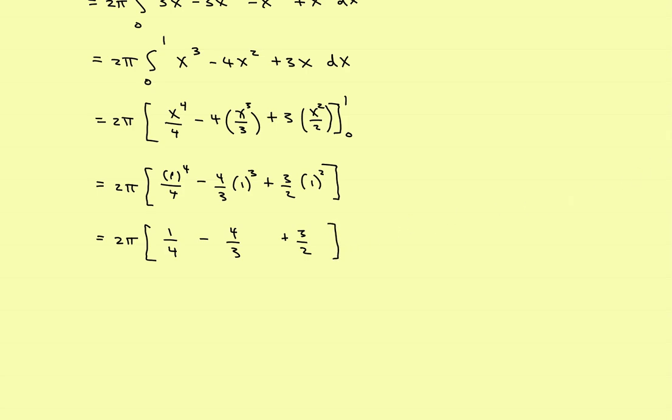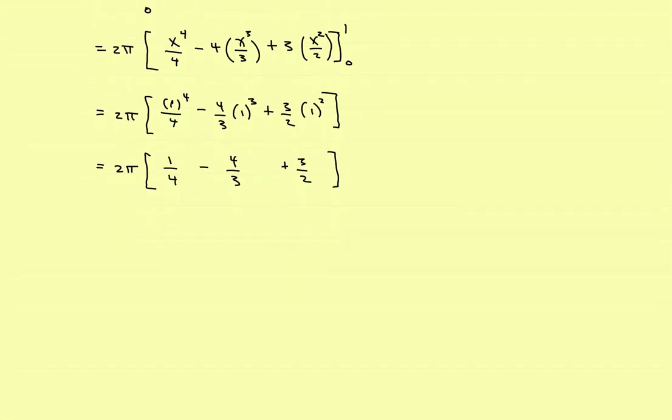Again, you've got to get them all over a common denominator. So what the common denominator is going to be would be 12. So multiply each one by whatever it takes to get it up to a 12. So I'll multiply this one by 3/3. Multiply this one by 4/4. And multiply this one by 6/6. That'll get all of them up to a 12.